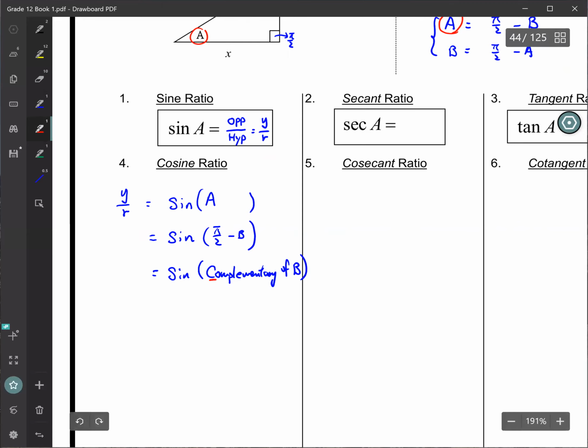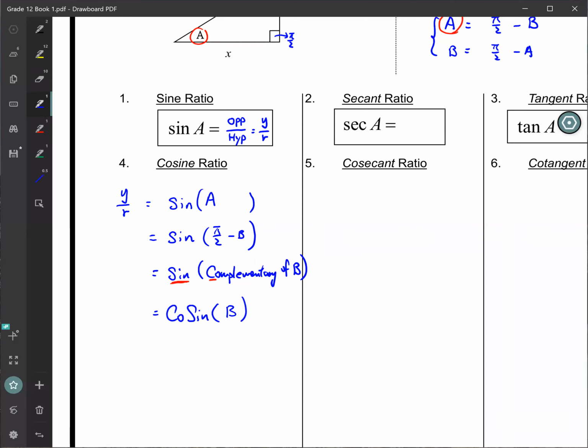Complementary, they pick co of B, and then combine with the sine at the front. And then together they call that cosine of B. So cosine actually means complementary of sine, but you are looking at angle B.